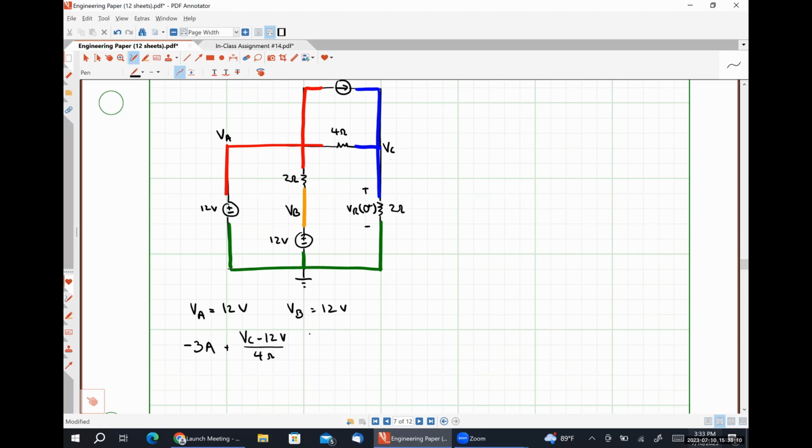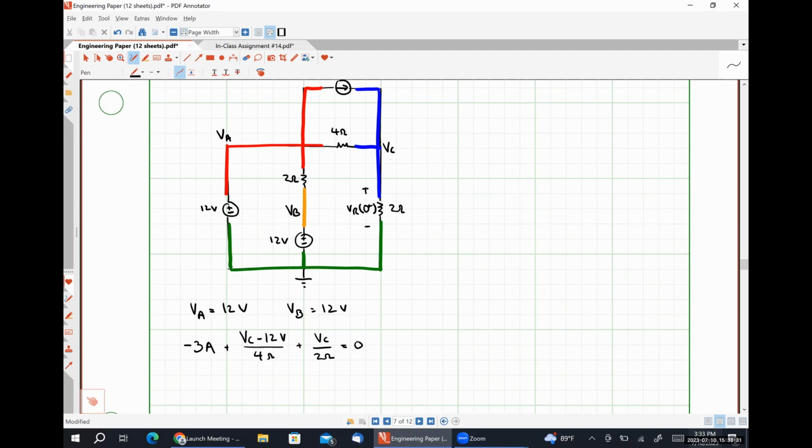All right. So VC minus 12 volts over 4 ohms plus VC over 2 ohms. It's one equation, one unknown. So let me throw that into my calculator really quickly.